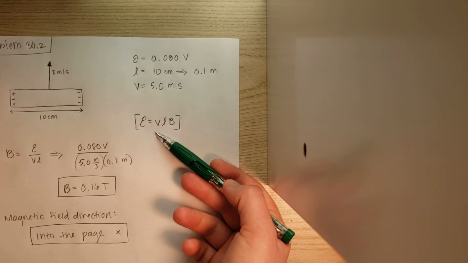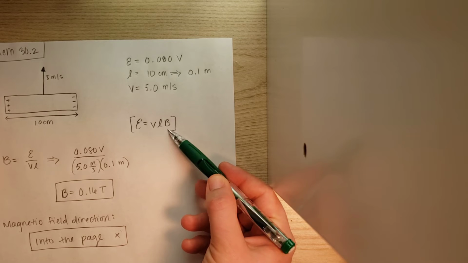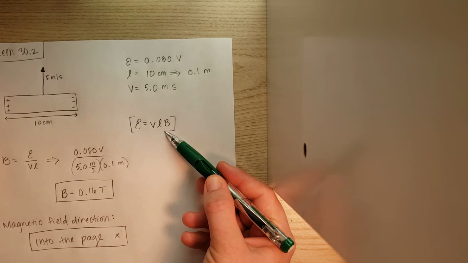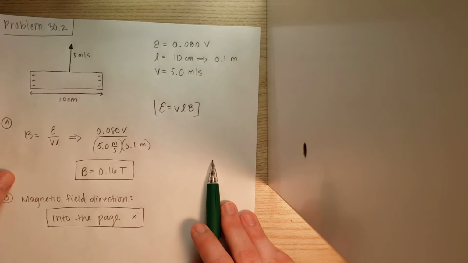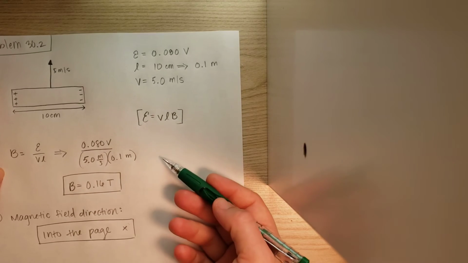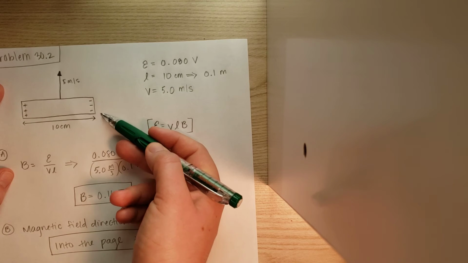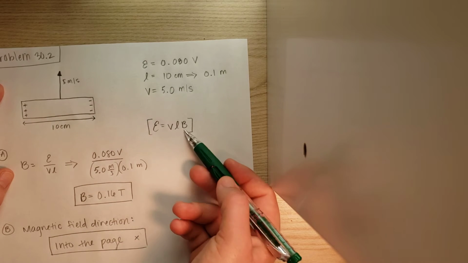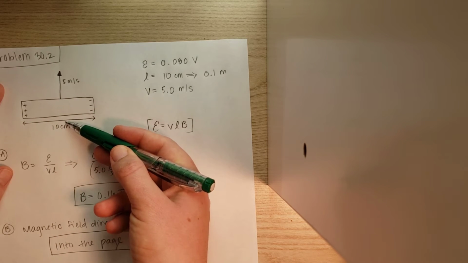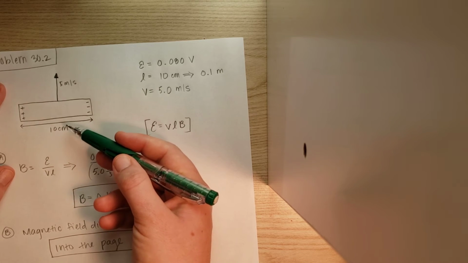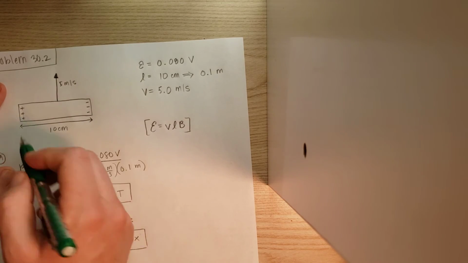And so the EMF is equal to the velocity times the length times the magnetic field, because, from what we learned from motional EMF in chapter 30, the magnetic force on a charge carrier in a moving conductor creates an electric field equal to velocity times the magnetic field inside the conductor, and then the motion of the wire through the magnetic field induces a potential difference equal to VLB between the ends of the conductor.